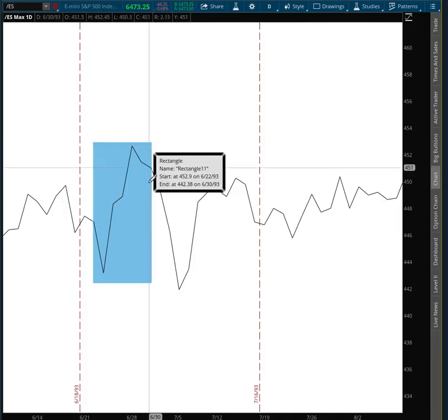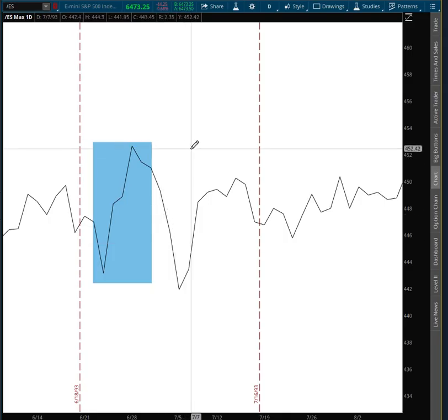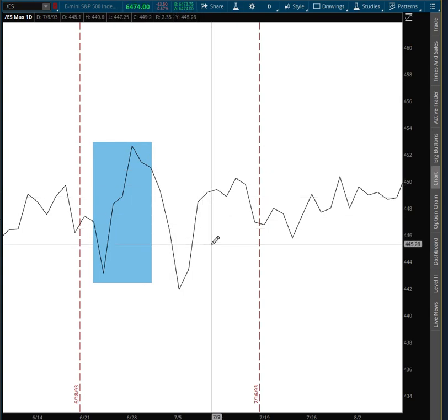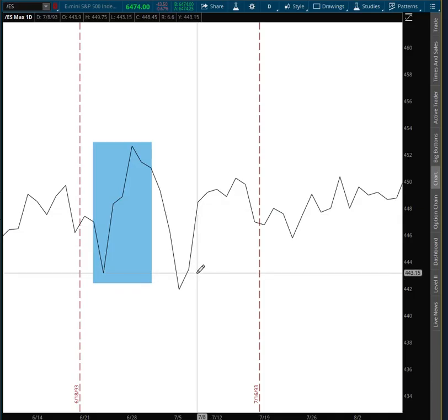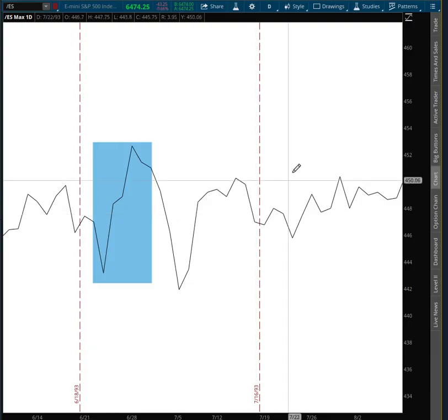Here's the top here, and here's the bottom. Okay, so you enter here, and then you watch the fractal go down, but it began to fracture again. Now that's a reversal, meaning it's going to go back up again, okay, which it did.